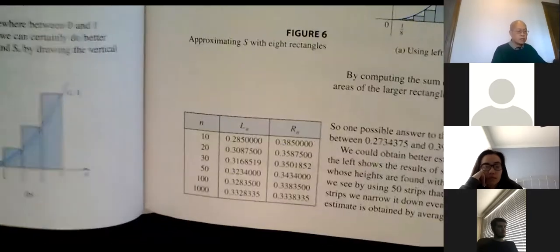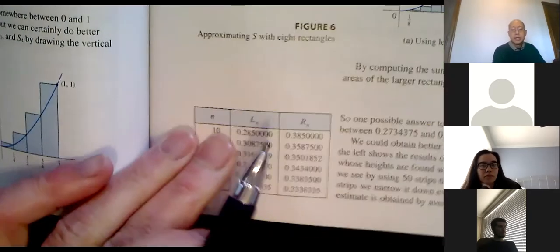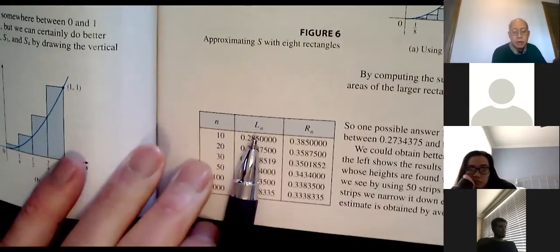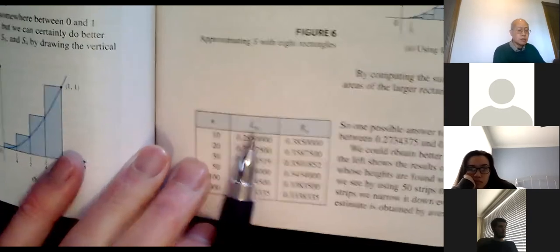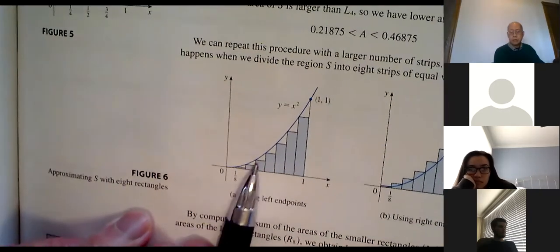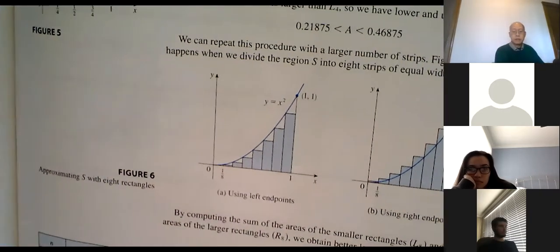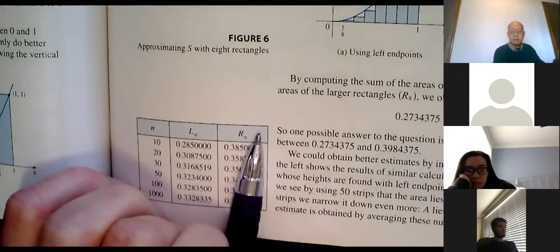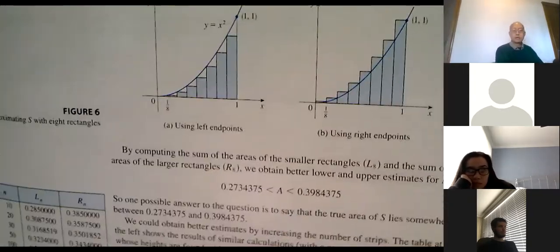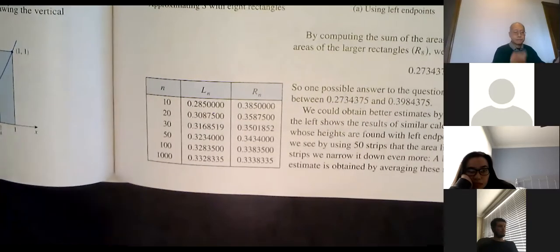Little mini table here on page 367. They did the left sums, all of which are too small. You can tell they're all too small. They did the right sums, all of which were too big. Here's the table.